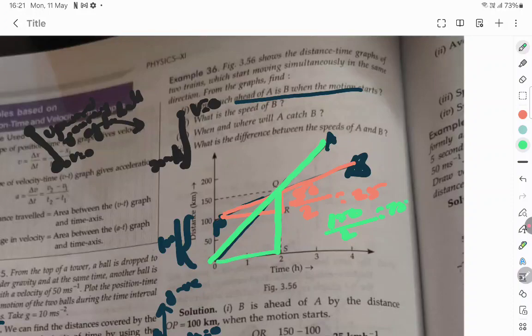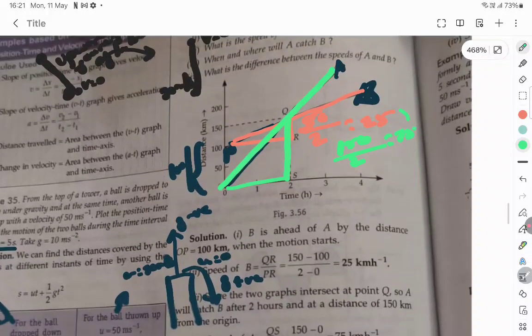You have to locate the place where you get clear values of opposite by adjacent. And the difference in the velocity is 75 minus 25, so you get 50, and that's what they're asking. So who is traveling with the greatest speed? Which has the greatest slope? OA has the greatest speed because that's got the greatest slope.